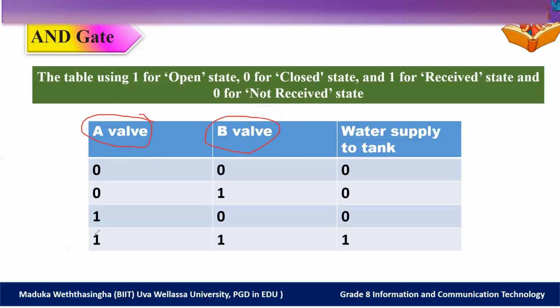If both inputs are true only, output is true. You need to remember this statement. If both inputs are true, output is true in the AND gate. You have to remember it. Let's see.